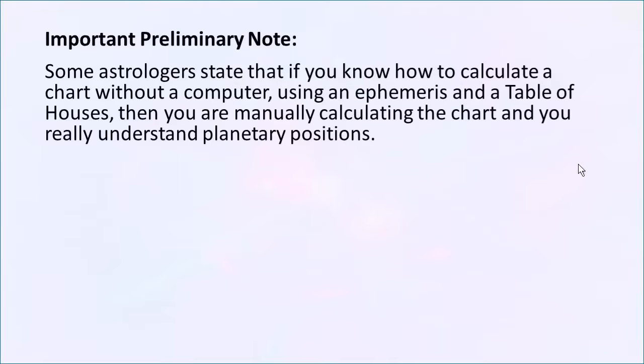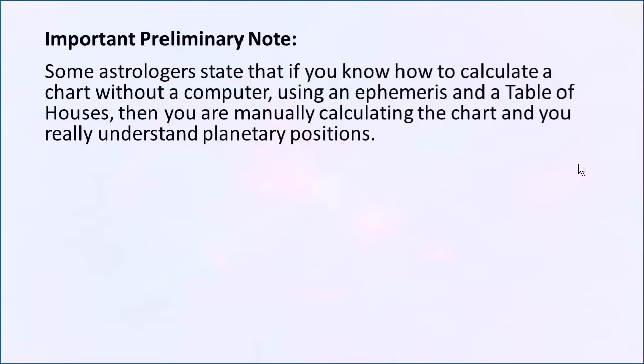Okay, and again, to mention this in a little more detail, some astrologers state that if you know how to calculate a chart without a computer, so you're not dependent on a computer, you can go to a book called an ephemeris that lists the planetary positions once a day, and something called a table of houses to find out where the house cusps are, and you're able to do these calculations based on the birth time to figure out the planetary positions.